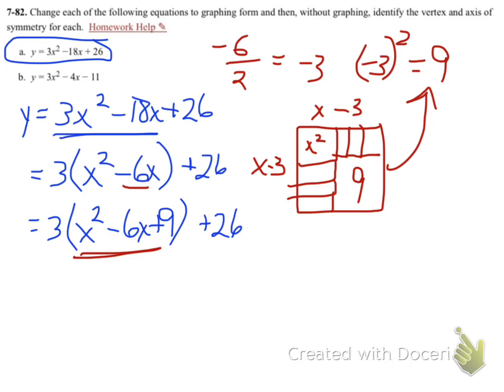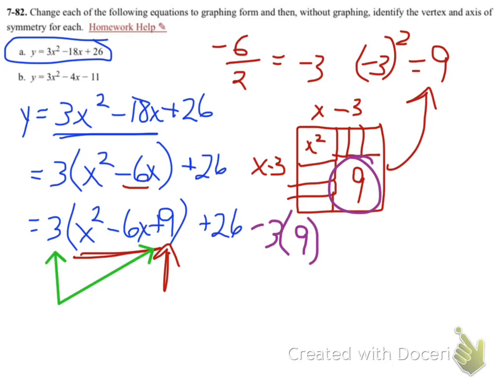However, what I did not do to this problem is I did not just add 9 to this problem. The fact that I have a 3 on the outside here, I need to now distribute that to the 9. So, I am going to subtract away here 3 times 9. It's the value that I have right here in my completed square. Same value that's right there.